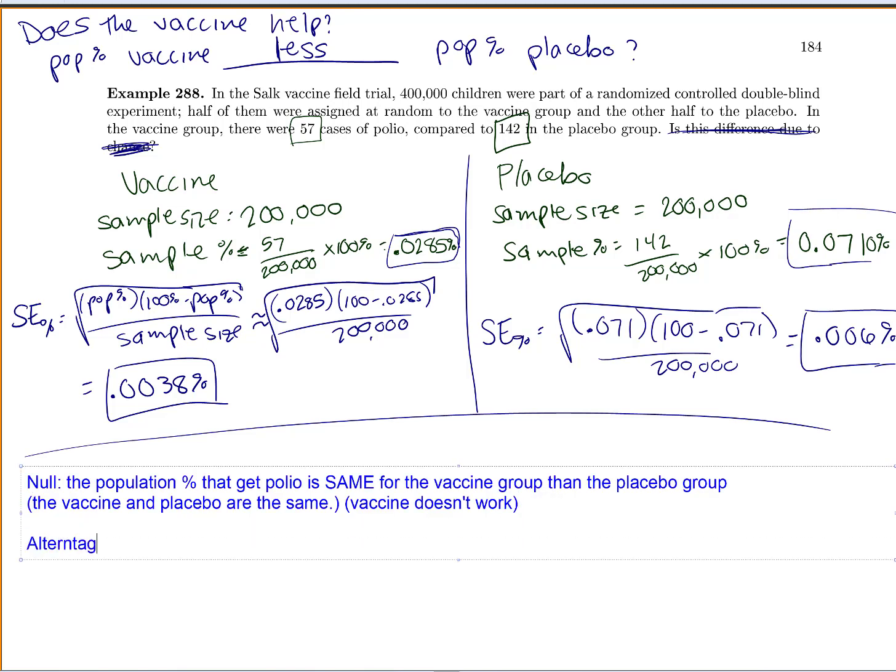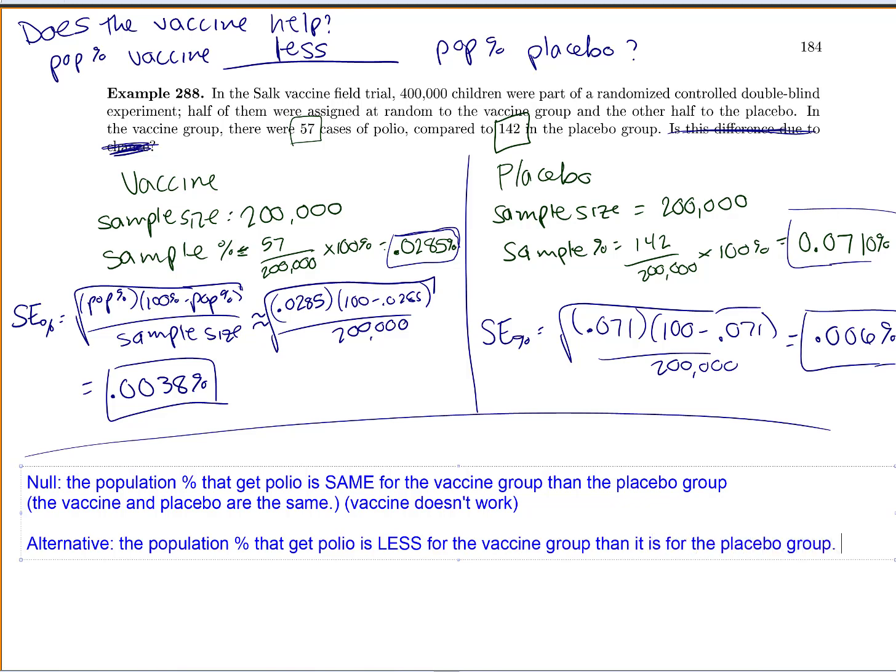The alternative, though, is what you want to show: that the population percent that get polio is less for the vaccine group than it is for the placebo group. Which means what we truly care about is that the vaccine works.